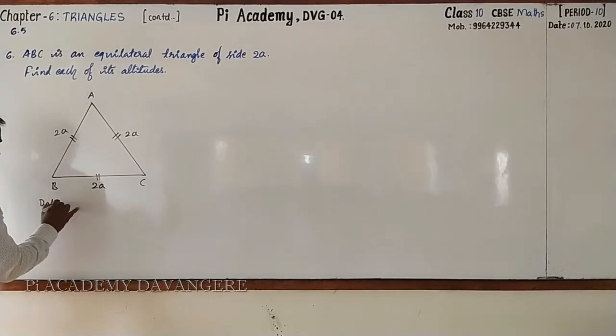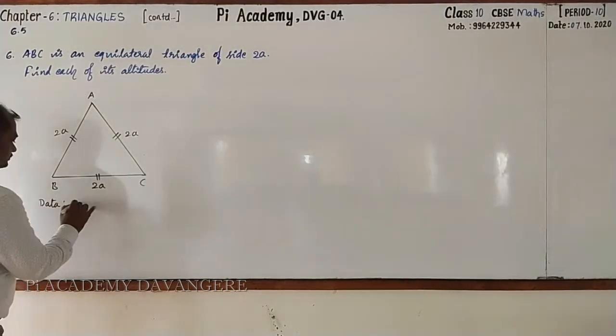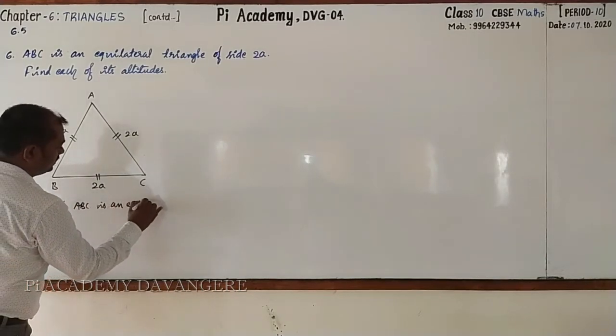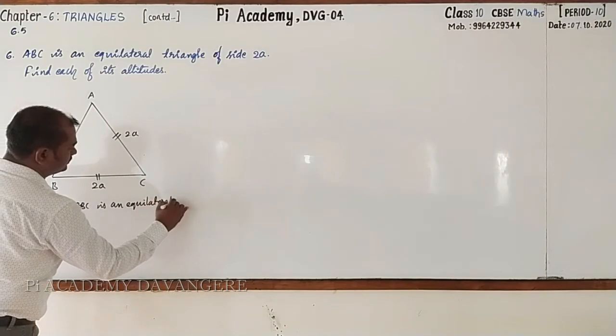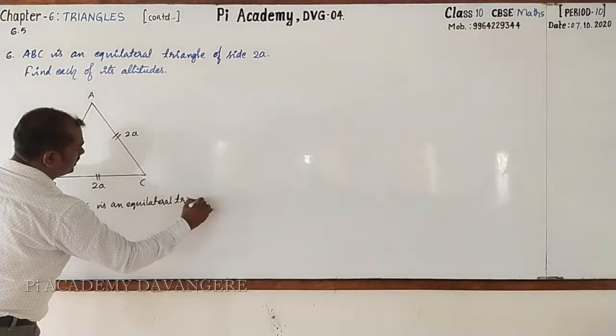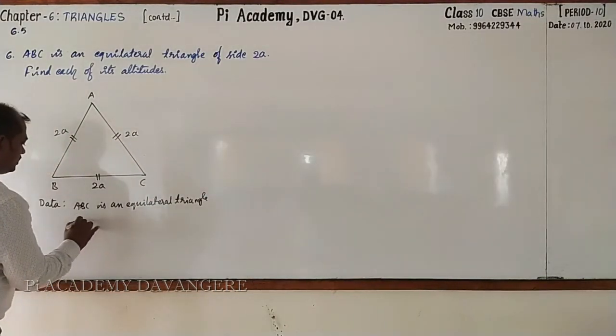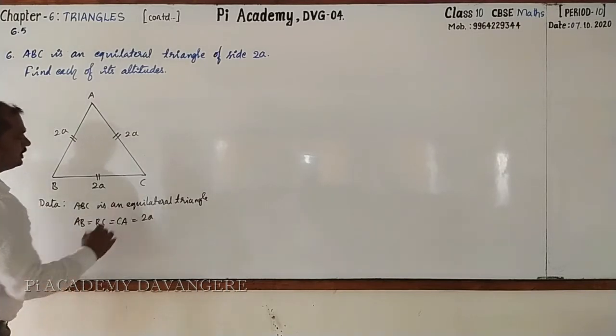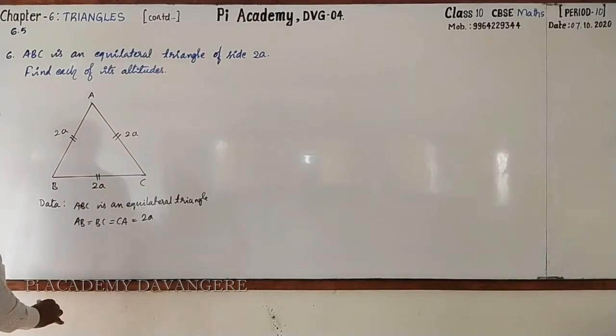Write the data with me. ABC is an equilateral triangle. Therefore, AB is equal to BC equal to CA and the measurement is given, 2a.